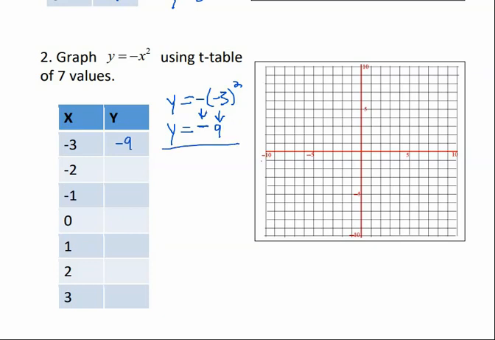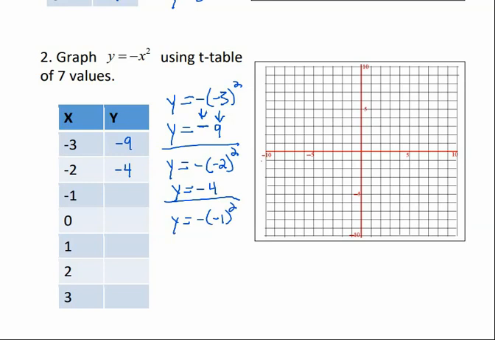Then if we do the same thing for negative 2, the negative stays there, and the negative 2 squared becomes positive, which gives me a negative 4. Now y is equal to negative (-1) squared.